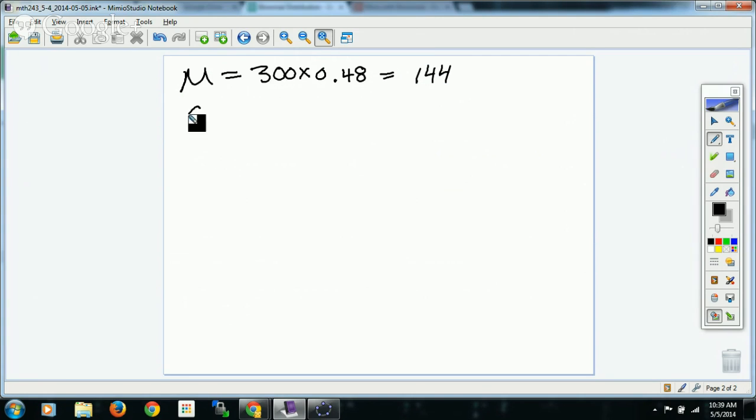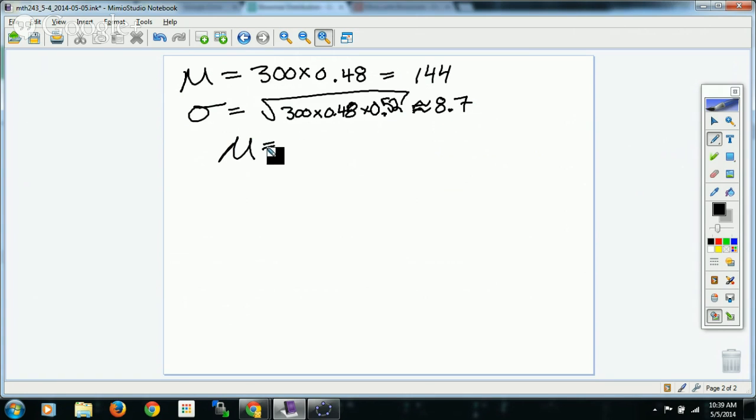According to Google Spreadsheet, sigma, which is the square root of 300 times 0.48 times 1 minus 0.48, which is 0.52, is about 8.7. Now what we want to figure out is, on the left side, what is mu minus 2 sigmas, and on the right, what is mu plus 2 standard deviations?